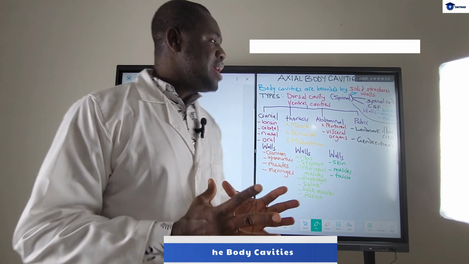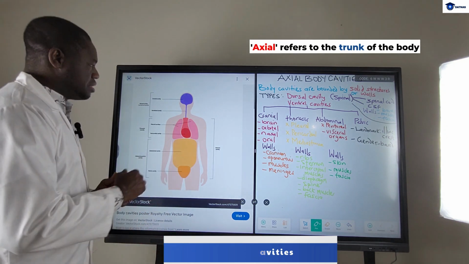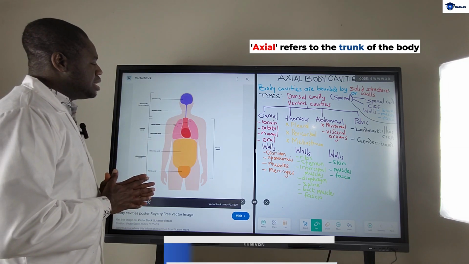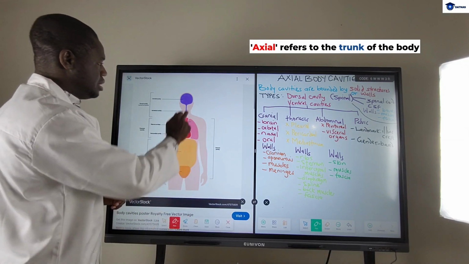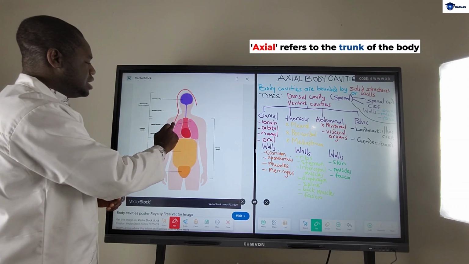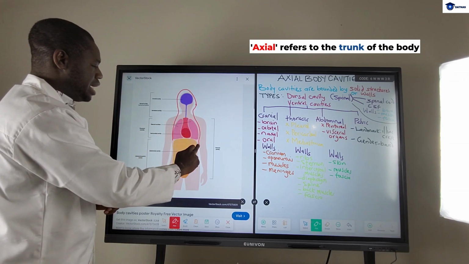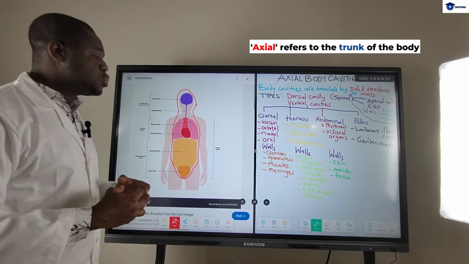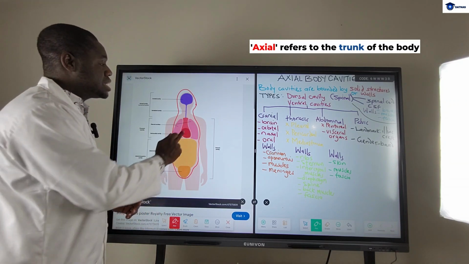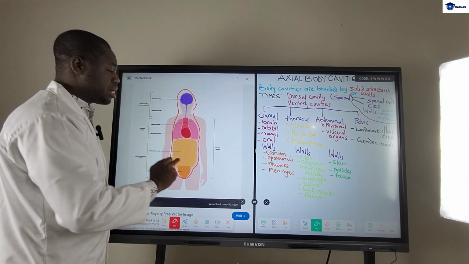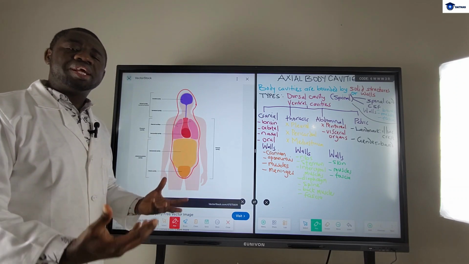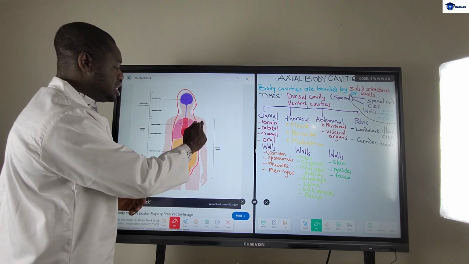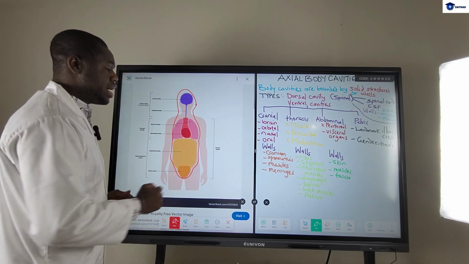In this case, the axial body refers to the trunk, and the trunk includes the head, the chest, the abdomen, and the pelvis, which means that we are going to talk about the cavities that we can see within this trunk, because we can also find cavities in the appendicular portion of the body, which includes the upper extremities and the lower extremities.